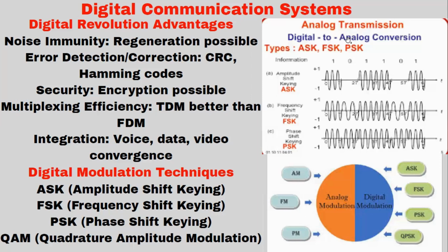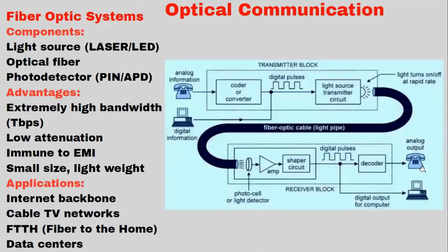You can see the picture at the top, where I've shown how the frequency shift, amplitude shift, and phase shift take place accordingly. So there is a little comparison of analog and digital, where AM, FM, and PM come under analog, and the rest come under digital. We can study more about analog and digital communication, mainly digital communication.